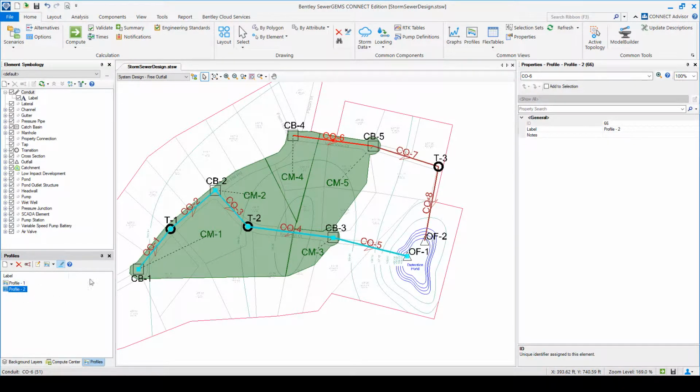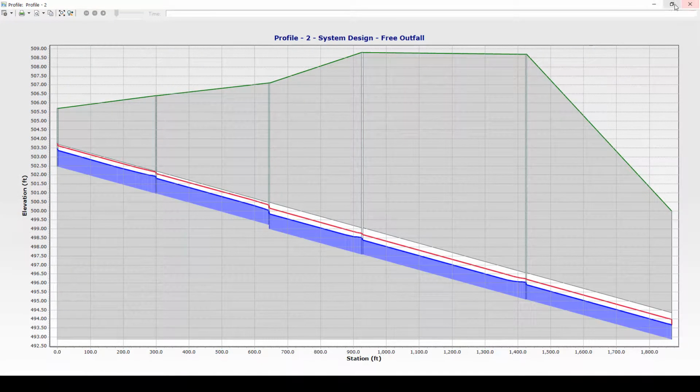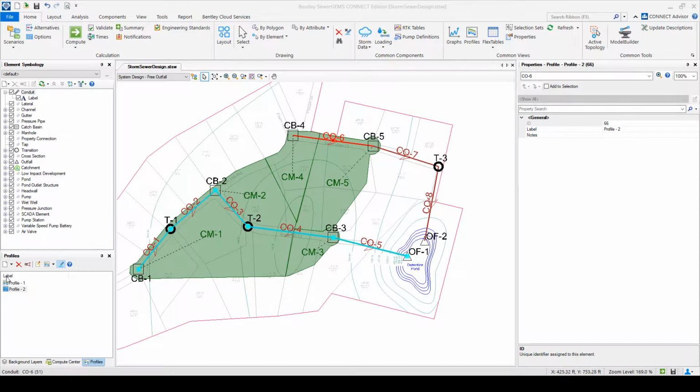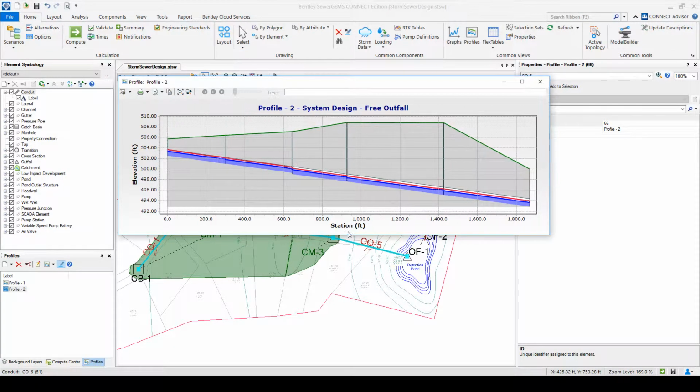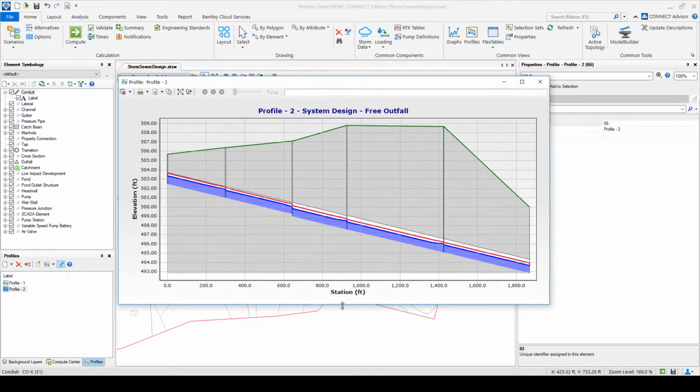Now let's take a look at the other profile. Now we've seen a lot of the details, and oh, where'd it go? Here it is. My other screen. Okay, so again, this is a nice design.